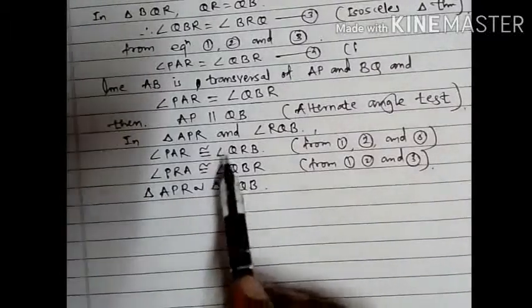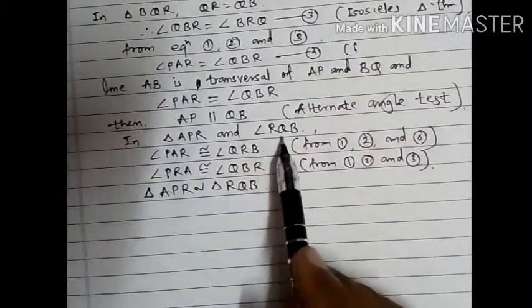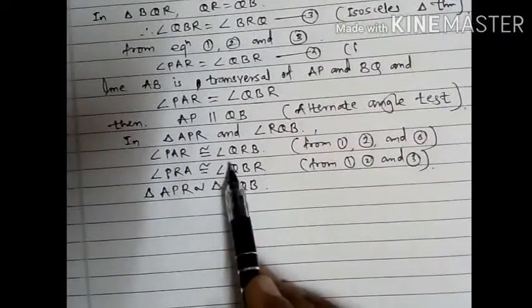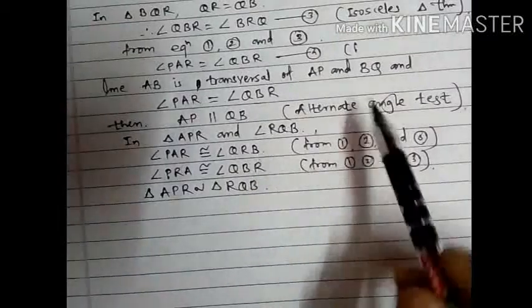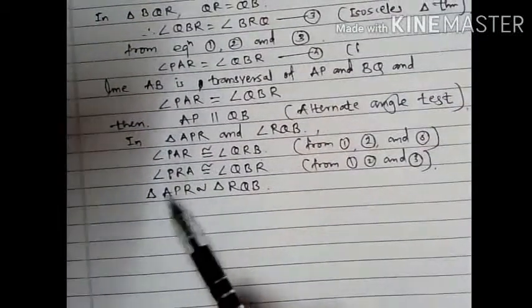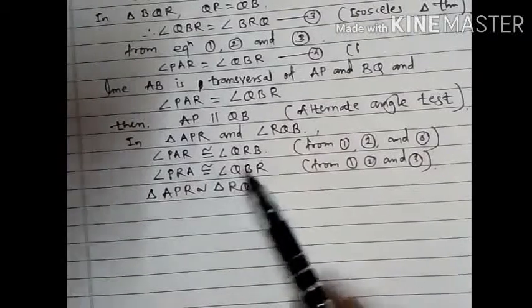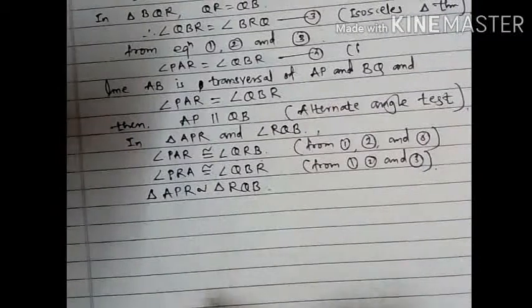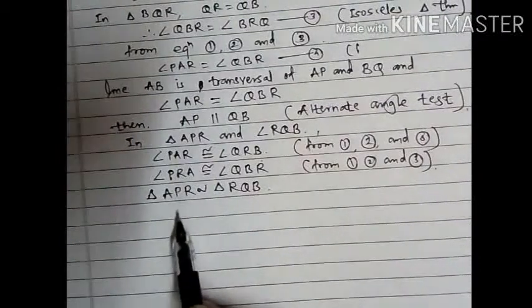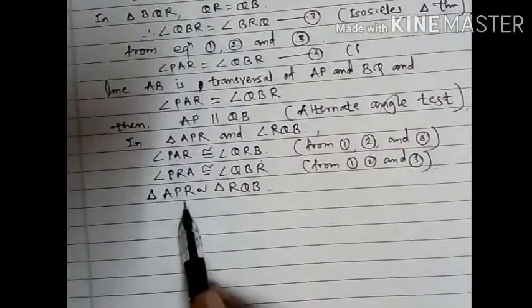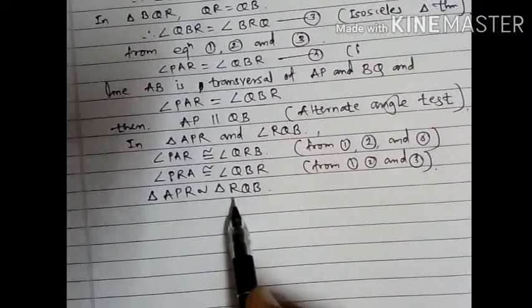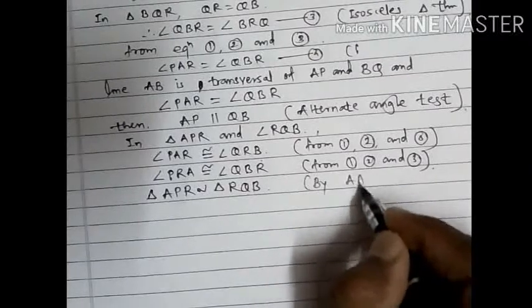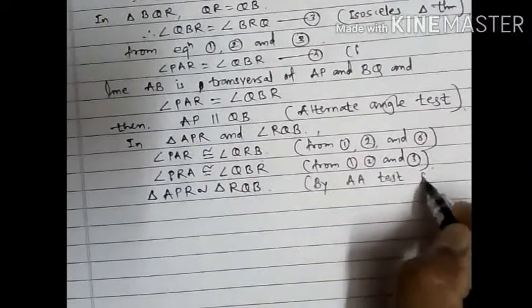In triangle APR and triangle RQB, angle PAR is congruent to angle QRB from 1st, 2nd and 3rd. Also, angle PRA is congruent to angle QBR, also from 1st, 2nd and 3rd. Therefore, by the test of similarity, triangle APR is similar to triangle RQB by the AA test of similarity.